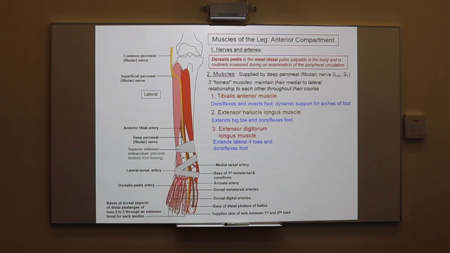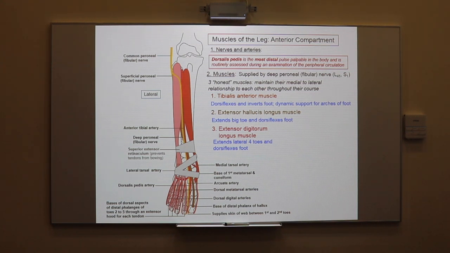The muscle which is not shown here is the peroneus tertius, which arises from the lower part of the anterior surface of the shaft of the fibula and gets attached to the base of the 5th metatarsal bone, and that is called the peroneus tertius muscle. Again, it is a dorsiflexor of the ankle, and it also does eversion of the foot. The nerve supply is the deep fibular nerve.